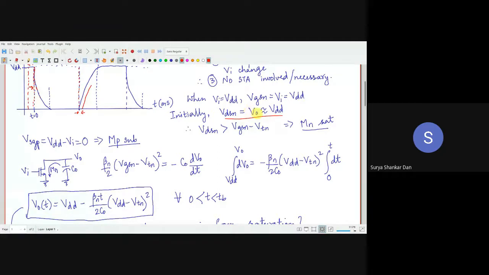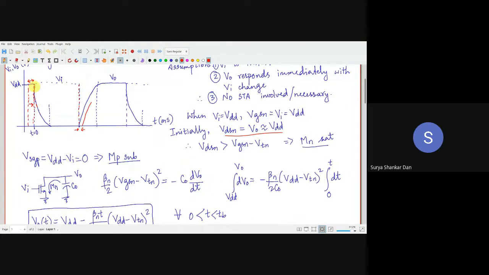The problem is, when I said Vi is equal to VDD, that was when VO was equal to VDD. This is something to be understood very carefully. This is VDSN, right? But remember, the VO value is decreasing like anything. So VO will not continue to be VDD forever. Vi will continue to be VDD because that is under our control. So initially VO is VDD, so VDSN is VDD, perfectly fine.